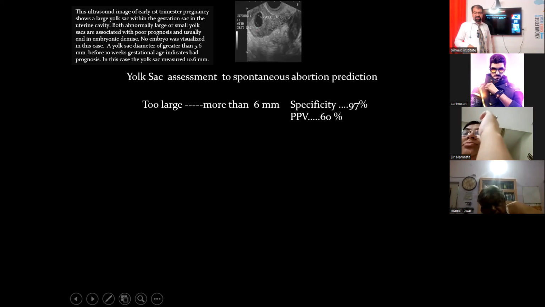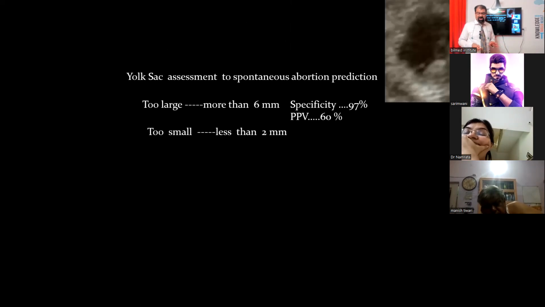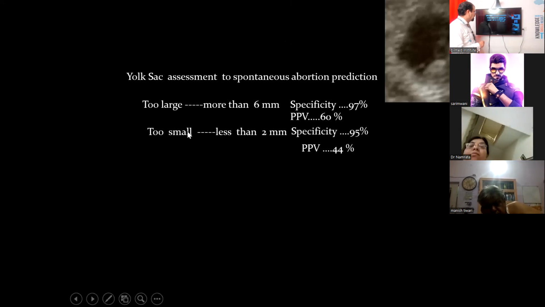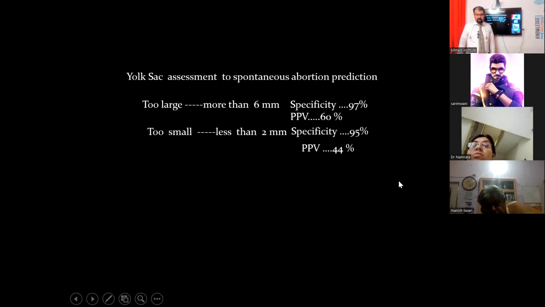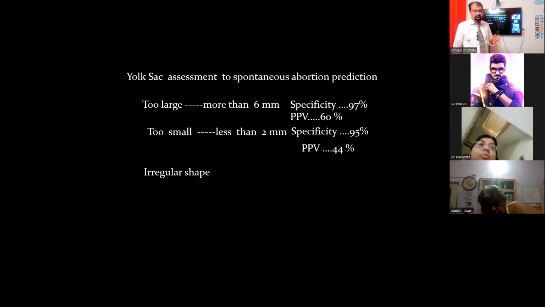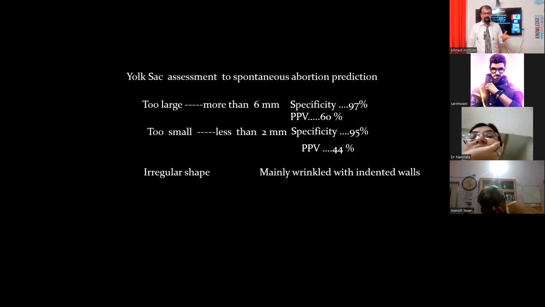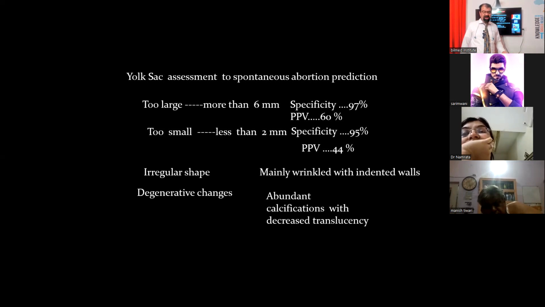And if it is too small, meaning less than 2 millimeters, the specificity is again about 95% with a small yolk sac. Now, irregular shape. These are the things which we have to see in the yolk sac. Irregular shape, mainly wrinkled with indented walls, degenerative change, abundant calcifications. So if you have a calcified yolk sac, that is also abnormal.